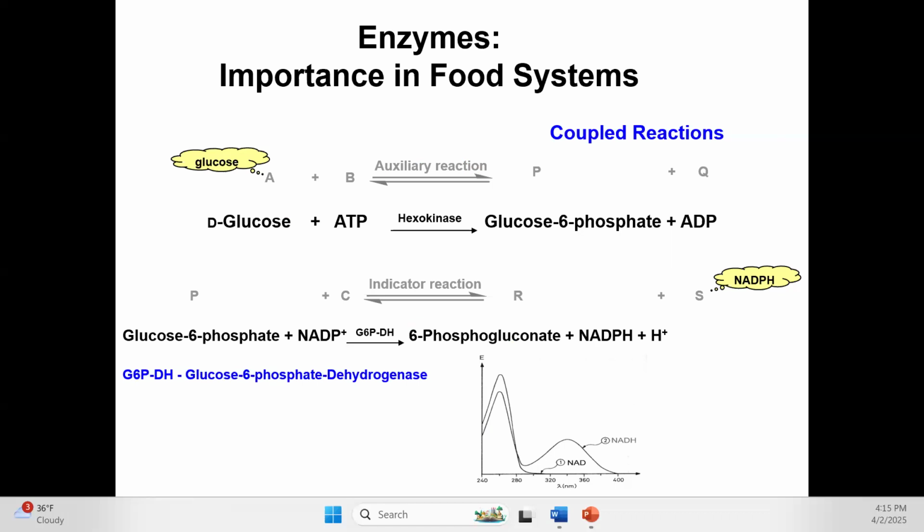Then you take the glucose 6-phosphate, which is the product here, and react it with NADP. The second enzyme is glucose 6-phosphate dehydrogenase, so you're removing a hydrogen and giving it to the NADP. It's also a transferase. This product right here is what absorbs light and is measurable, so you would measure this product.